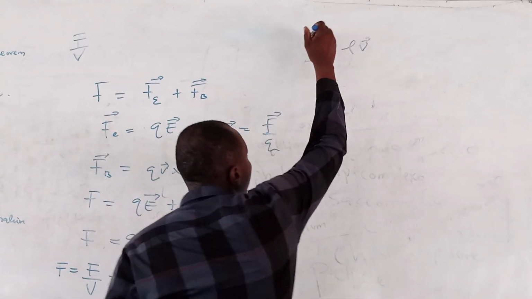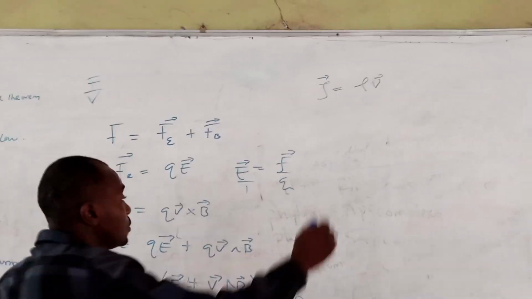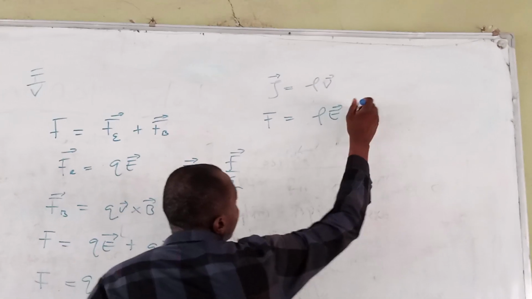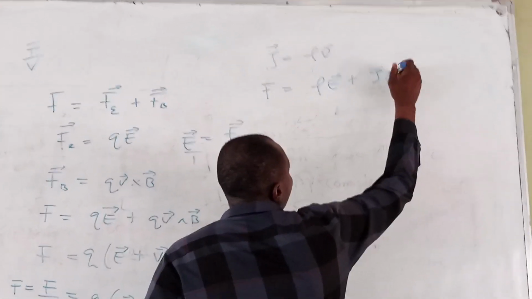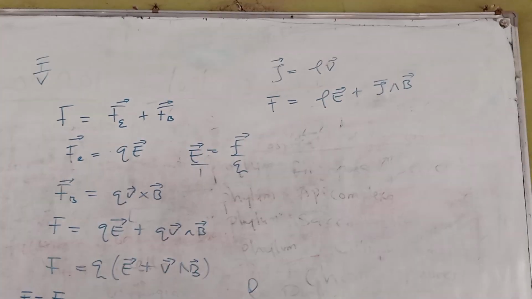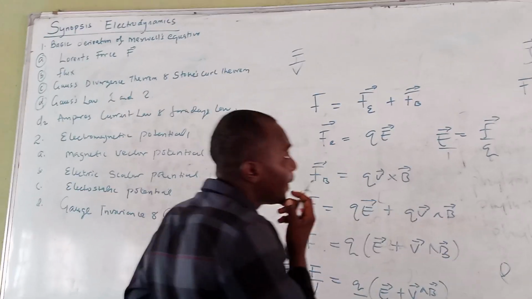And current density is also a vector, J. So now our Lorentz force turns into F equals rho E plus J cross B. This is the total force acting on an electromagnetic particle in a static or pseudostatic medium.